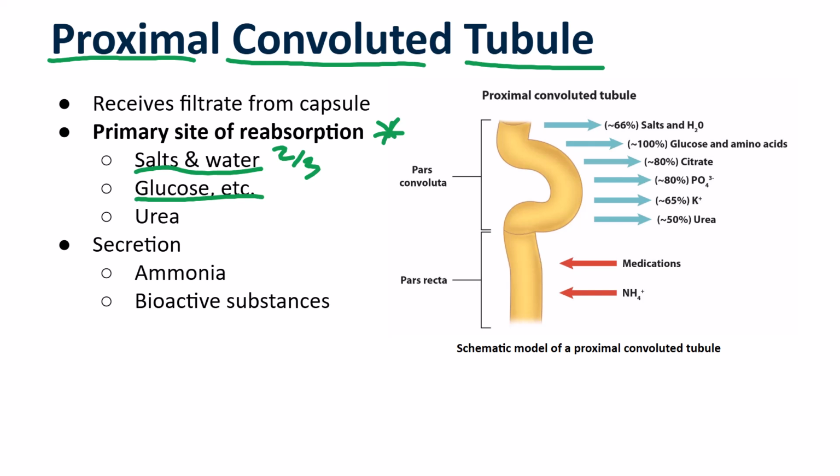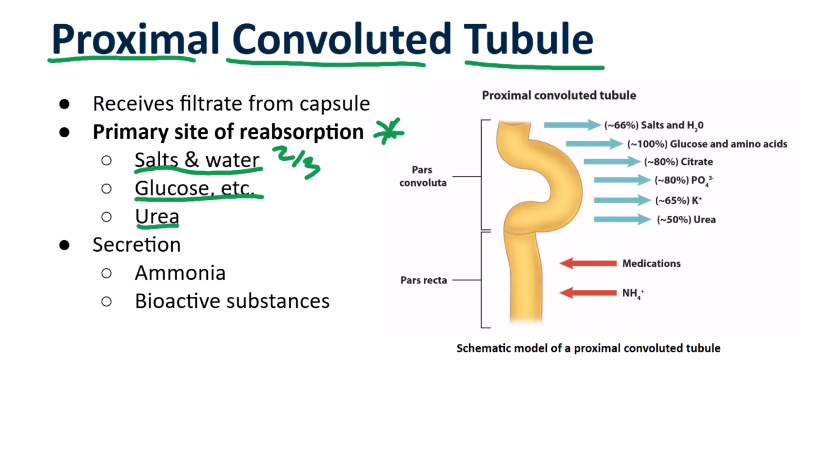Renal clearance of glucose in a healthy individual is 0%, meaning that 100% of the glucose and amino acids get reabsorbed. They are not cleared from the filtrate into the urine. We also have potassium being reabsorbed here, phosphate being reabsorbed here, citrate being reabsorbed here, some urea being reabsorbed here.